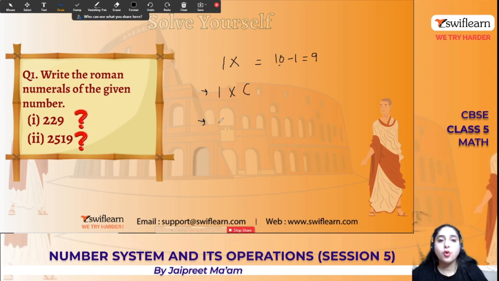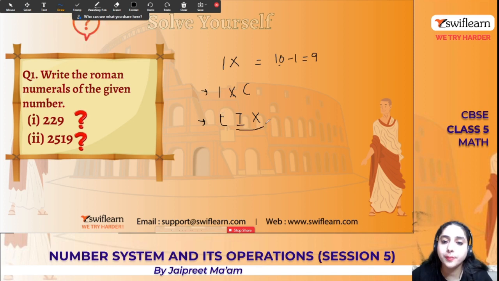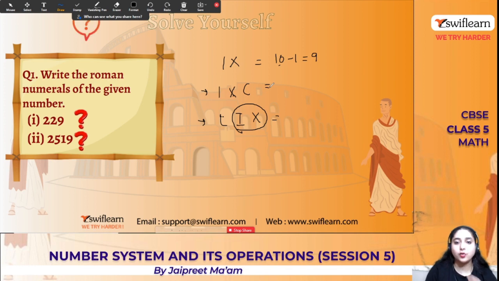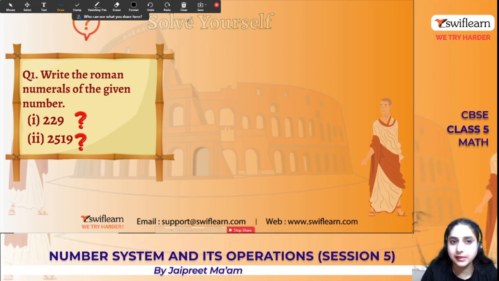Rule number 4 was that if the greater value is on both sides, like L, I, X, it means you have to subtract I from X and not from L. You can't add LI, but you have to subtract 1 from X, that is 10.